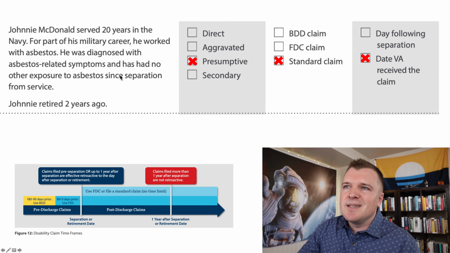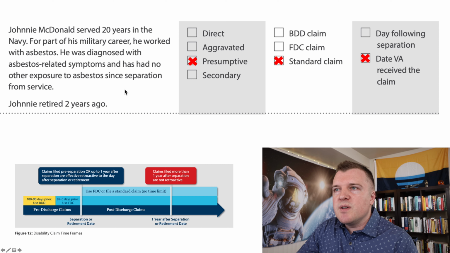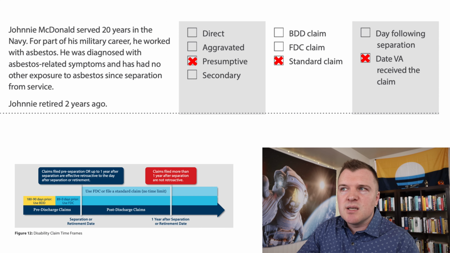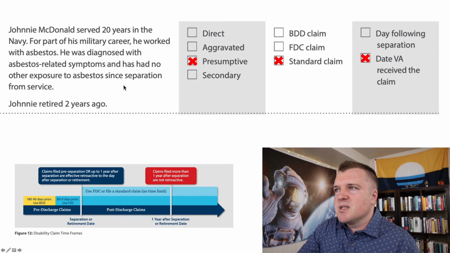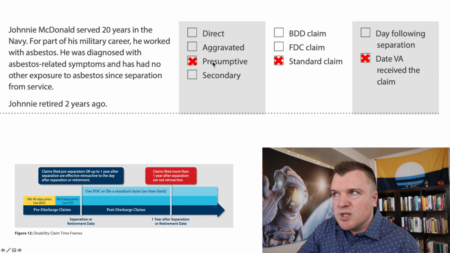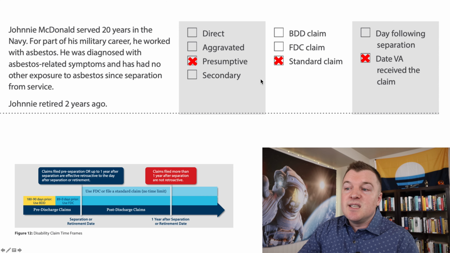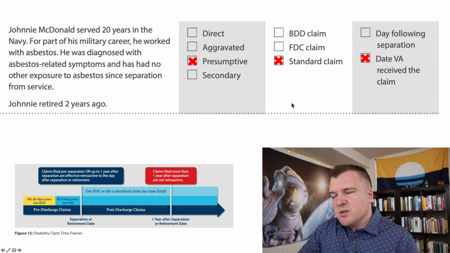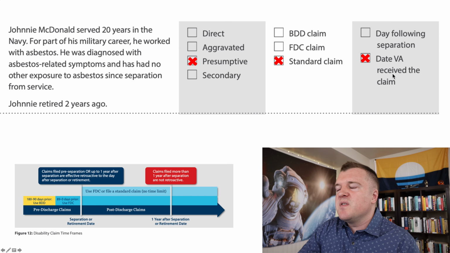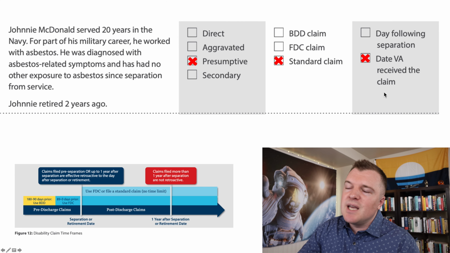This is something that didn't really aggravate or show while he was serving, but because he worked with asbestos for his job in the military and he doesn't work with asbestos post-military, this would be a presumptive connection for disability. And since he waited 2 years after retiring or leaving service, he'll do the standard claim and he'll get benefits effective the dates the VA received his benefits claim.